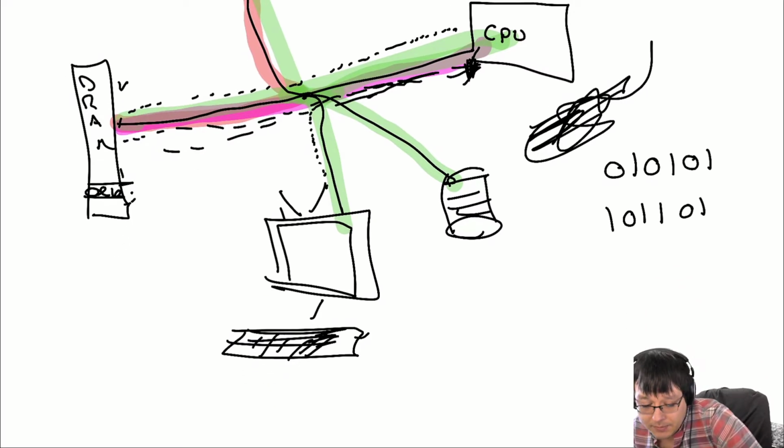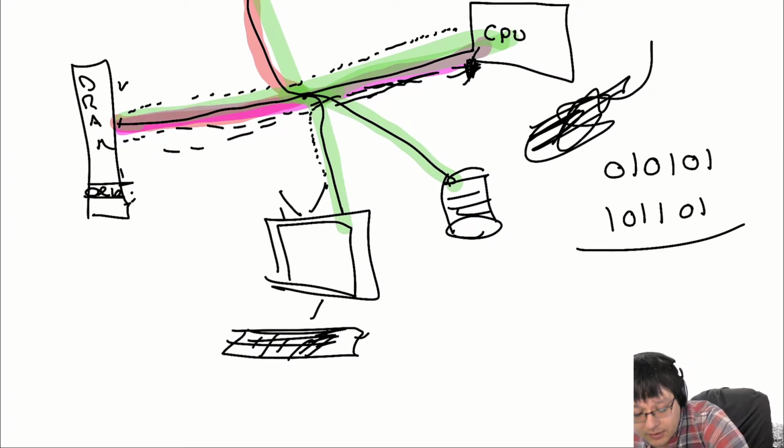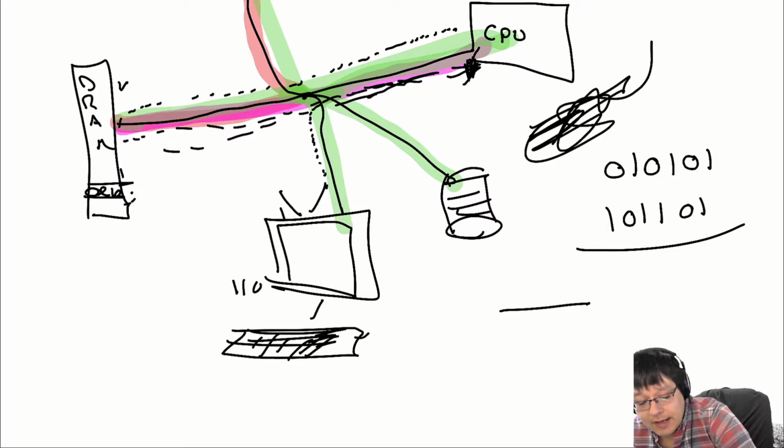What's going to happen is that if one wire had no signal from the DRAM, but from the I/O device it had a signal with electricity, then it's just going to turn into one.